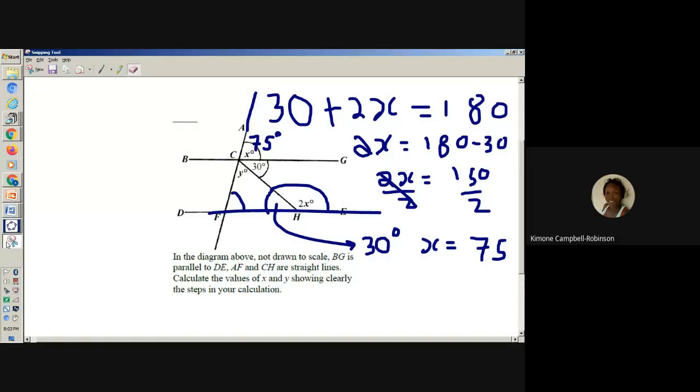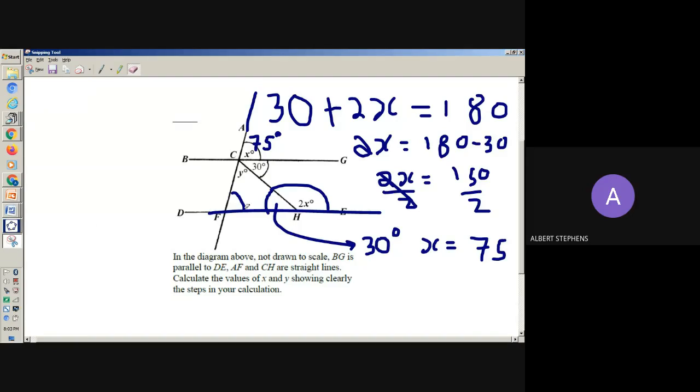So one angle is 30, you have y at the top, and the other angle would be x, which is 75. So 30 plus 75 plus y equals 180. Why is it equal to 180? Because the triangle is equal to 180.